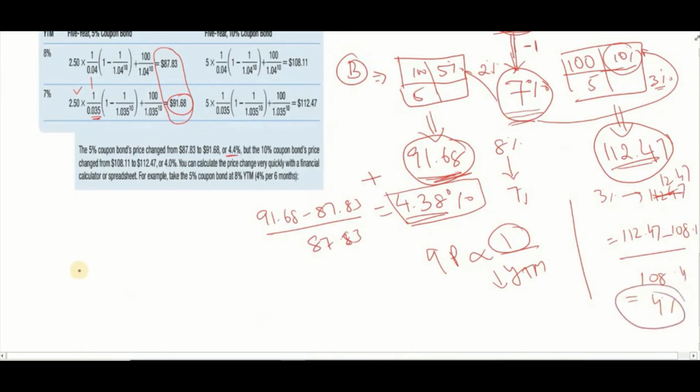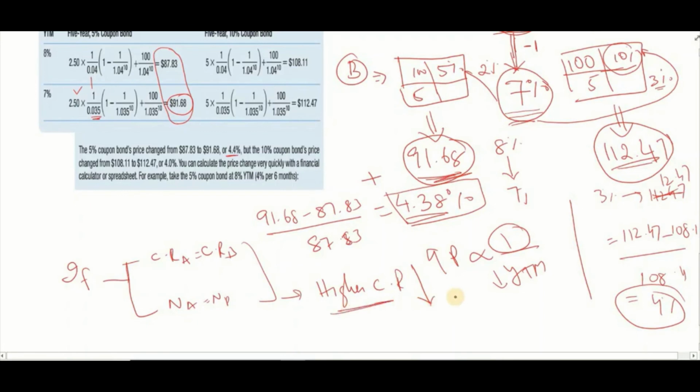Okay, so the rule is, if we have two bonds with different coupon rates, coupon rate of A is not equal to coupon rate of B, but n of A is equal to n of B, then the bond with the higher coupon rate faces less change in the price due to changes in market required rate, or YTM, or interest rate, right?